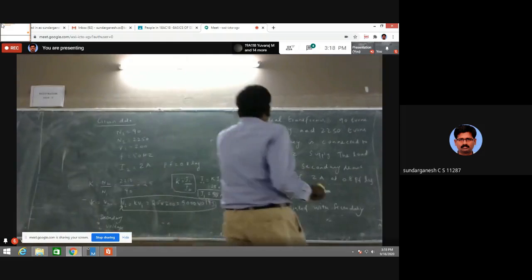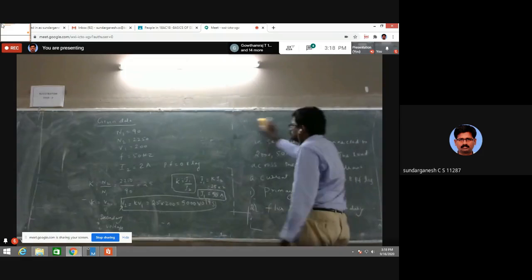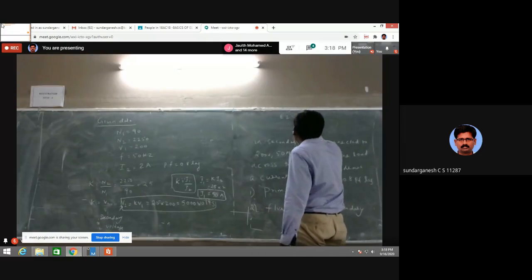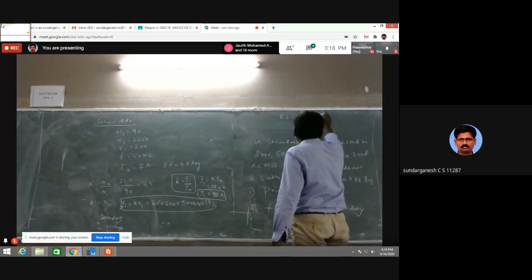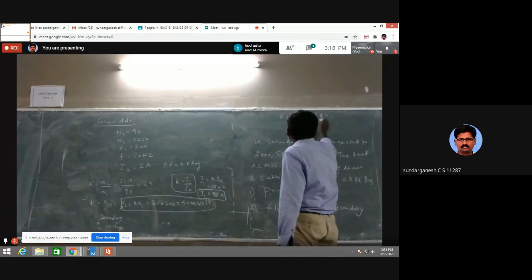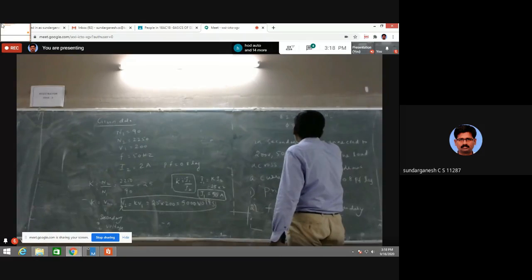So I wrap this question. First line: you have to find the flux linked with the secondary. So E2 equal to 4.44 f phi N2. E2, I know, it is 5000 volts. So phi equal to E2 divided by 4.44 f N2.